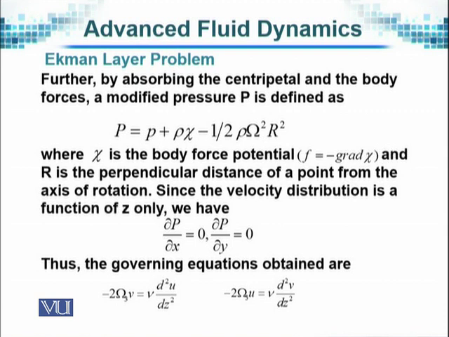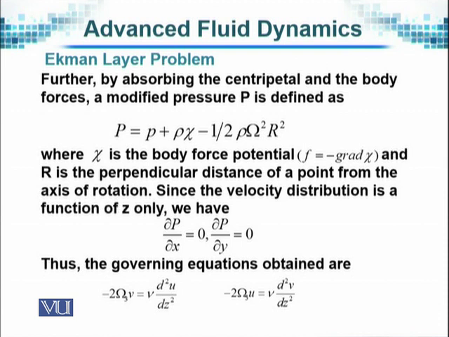Omega is the angular velocity of the fluid, and chi is the body force potential given by F equal to minus gradient of chi, and r is the perpendicular distance of a point from the axis of rotation.